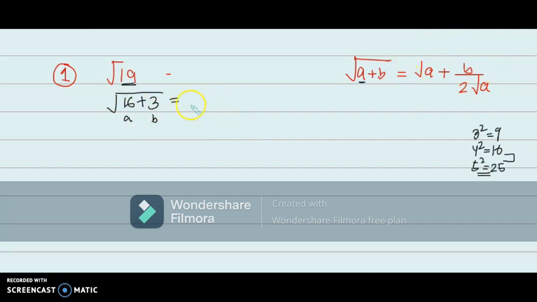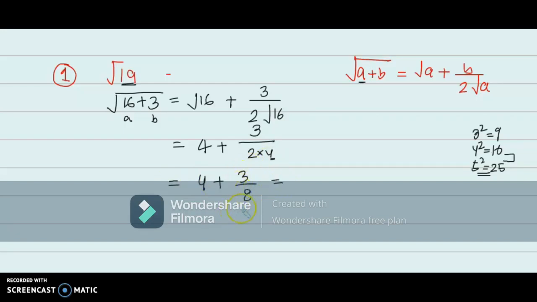So root a is root 16, plus b is 3 over 2 times root a, which is again root 16. Because root 16 is 4, this is 4 plus 3 over 2 times 4, which is 4 plus 3 by 8.